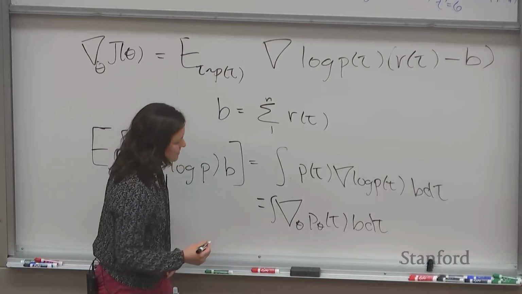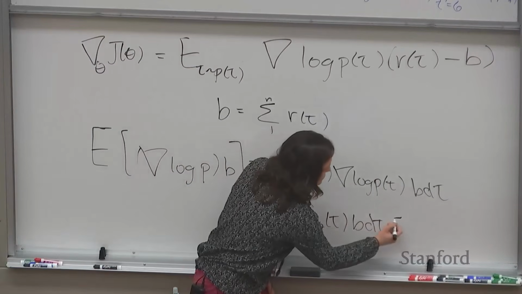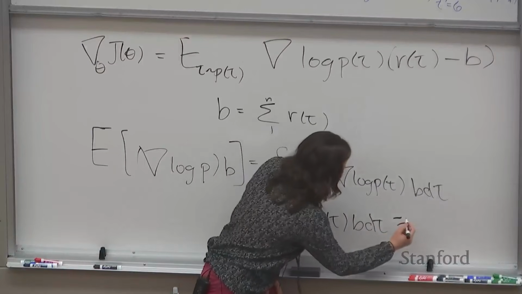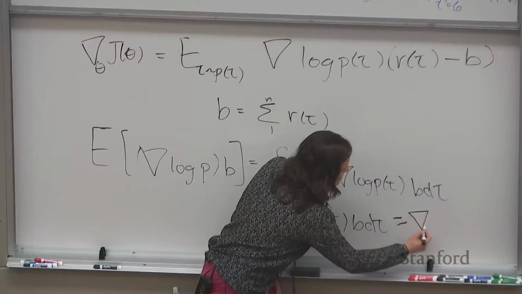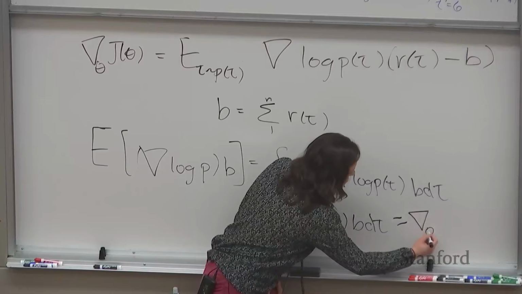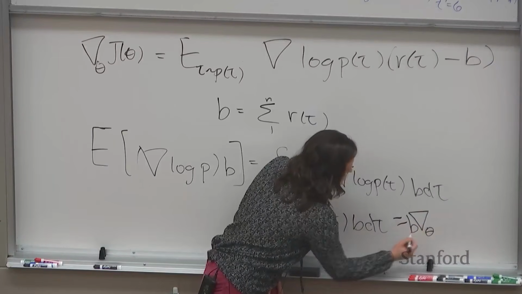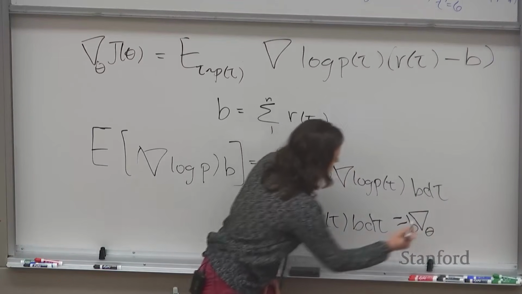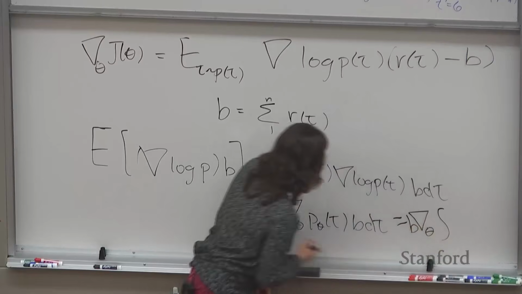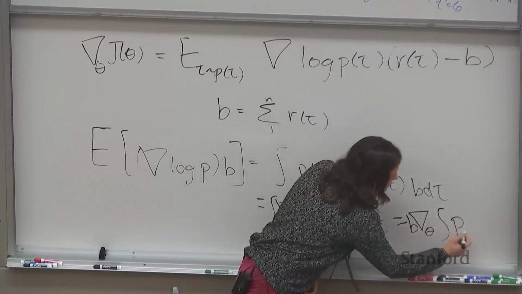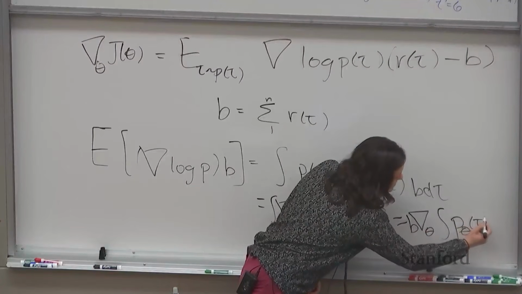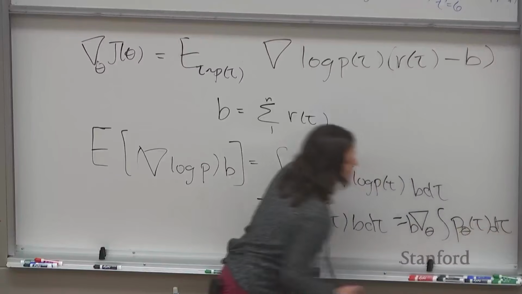So this is equal to b times the gradient of the integral of p theta of tau d tau.